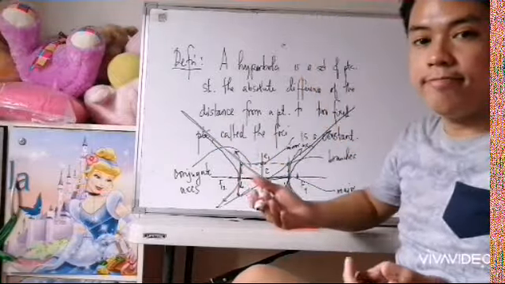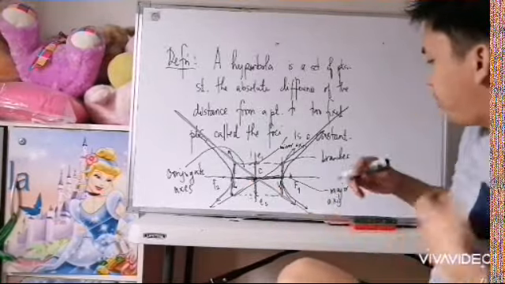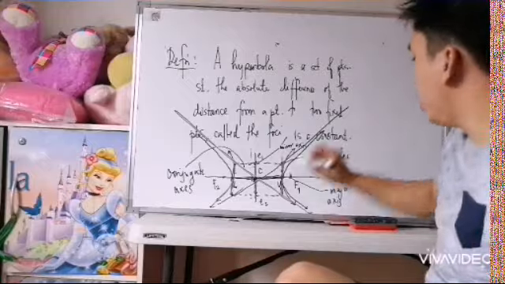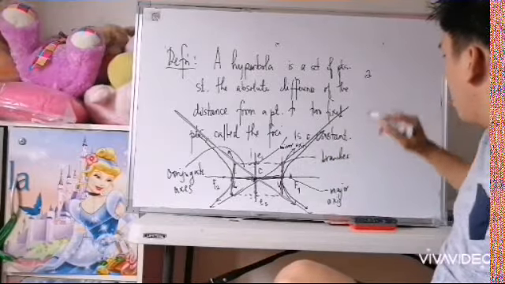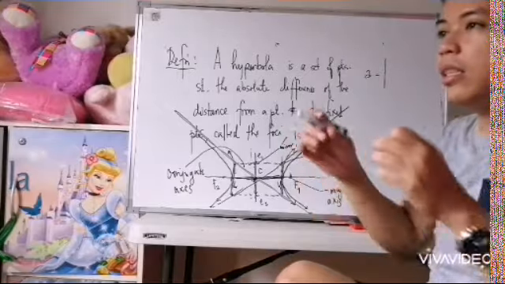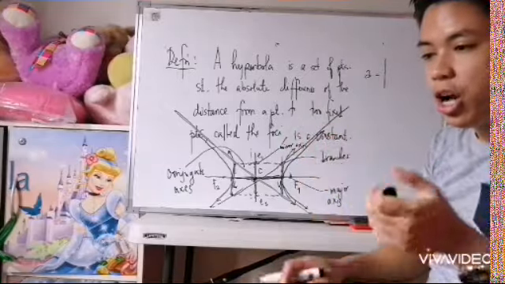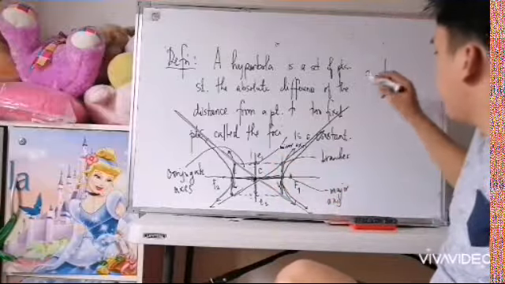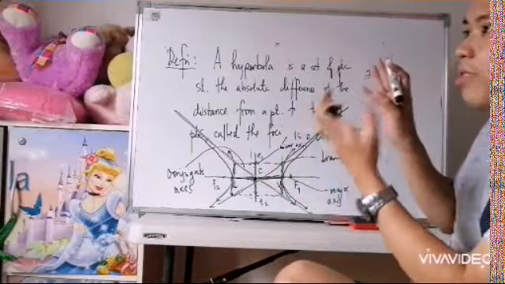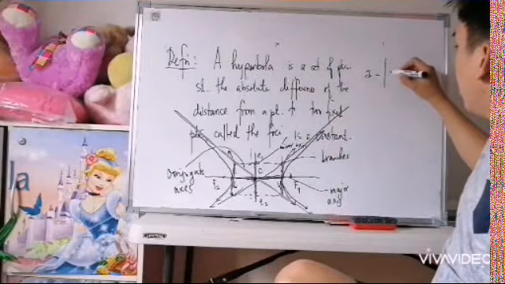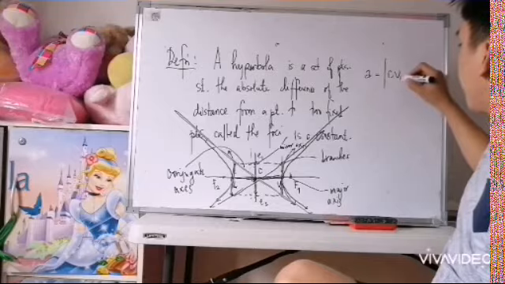That's hyperbola. Okay, so from this, we denote the distance A as the measure of the line segment connecting the center to any vertex. So let's say we have the center and vertex 1.